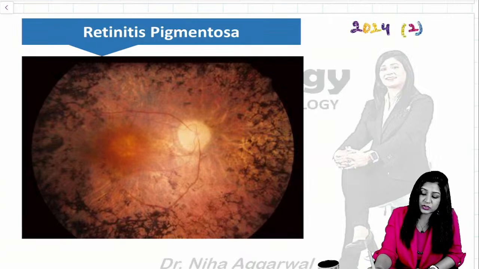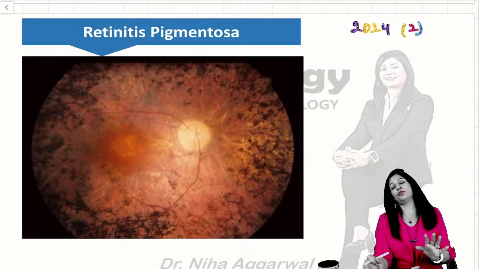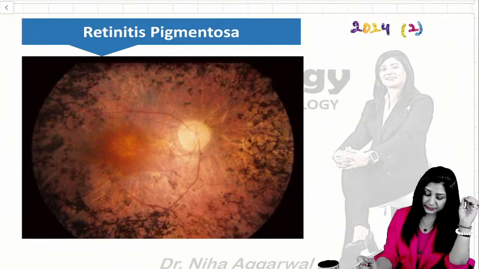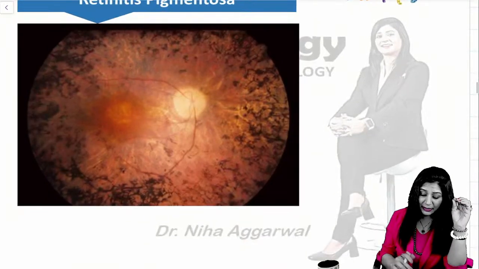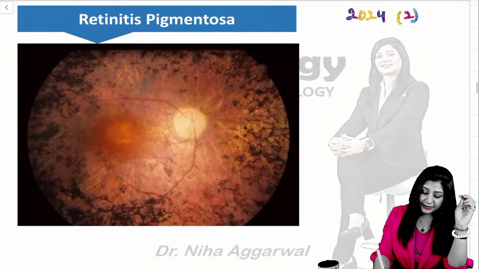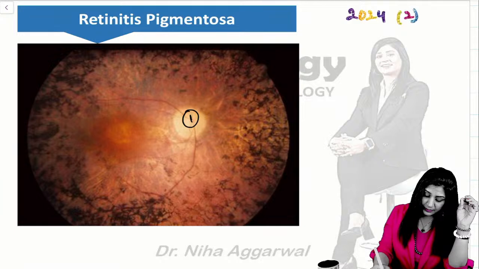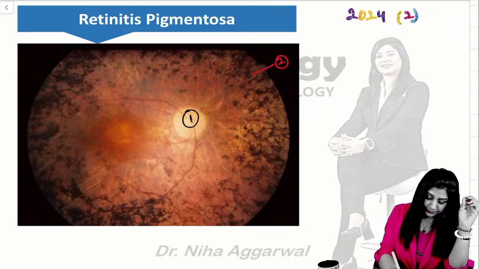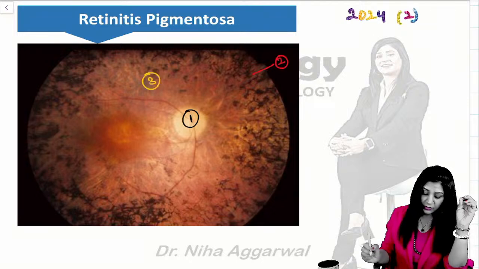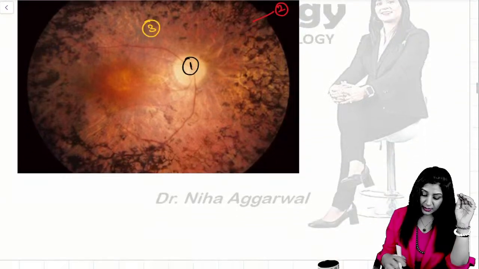Right, now this is again a very important picture of 2024. There are two questions that have been asked in 2024 regarding retinitis pigmentosa. You can look at the typical triad here. Number one, number two, and number three. Now what is the triad here?